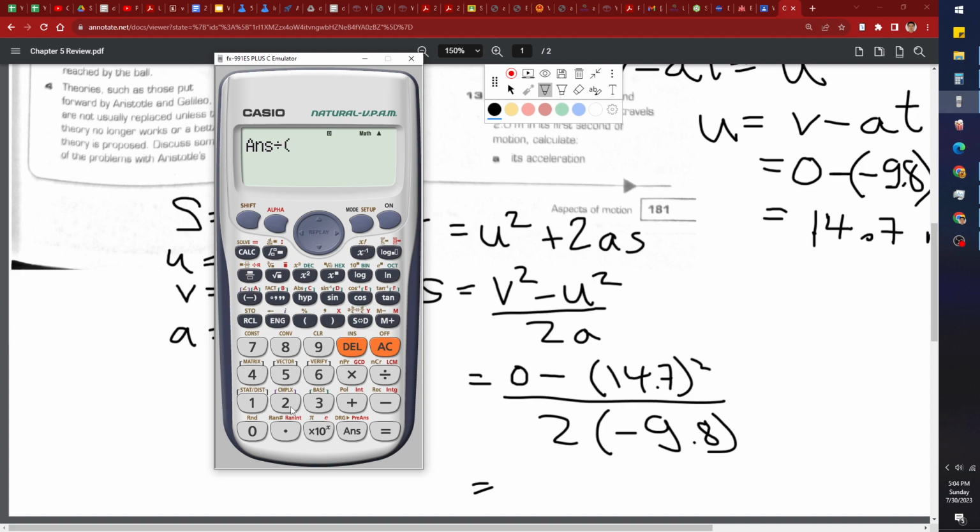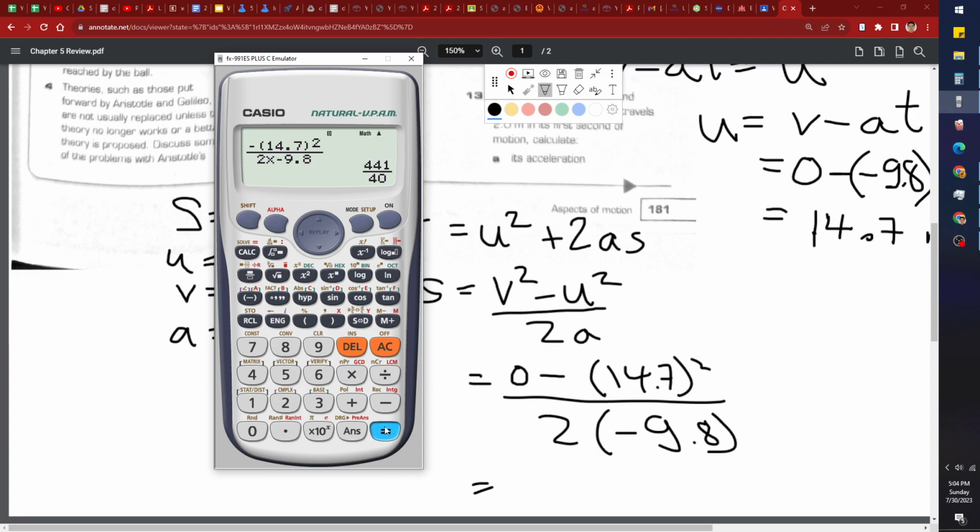Just put a bracket here, I'll just start over, so it's fresh for you. So we got negative 14.7. I think I'm going to have to put the brackets around it just so I don't multiply the negative when I do the squaring, and then this will be 2 times negative 9.8.